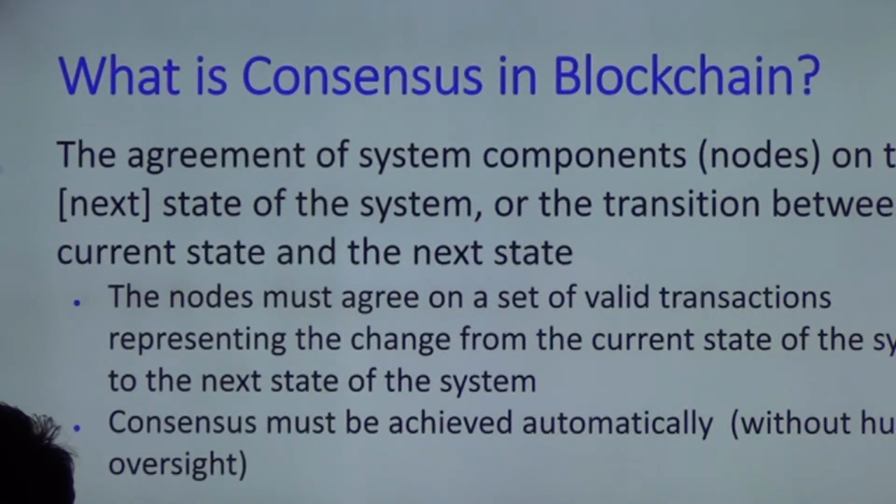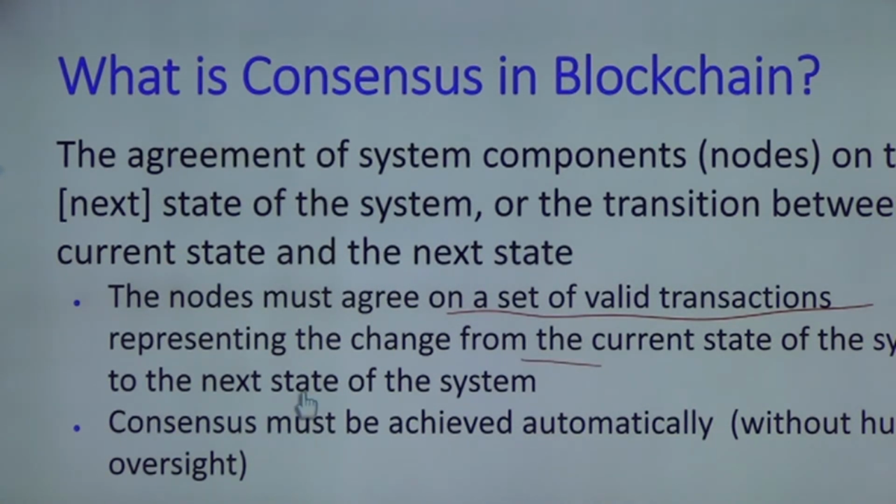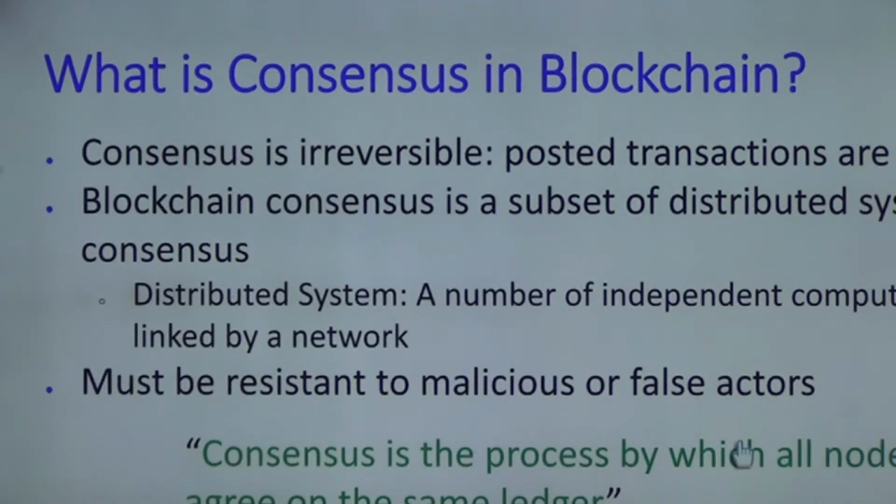So in blockchain again, because these are independent nodes, they must agree on a set of valid transactions representing the change from the current state of the system to another, and consensus must be achieved automatically without any human interaction. So consensus is the process by which all nodes agree on the same ledger, because every node must have a copy of the same ledger.